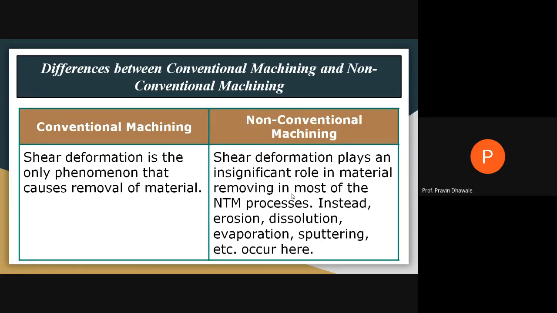Instead of shear deformation, the material is removed by the process of erosion, especially in case of mechanical energy based processes, dissolution, evaporation, sputtering, etc. These are the certain phenomena by which the material is removed in case of the non-conventional.